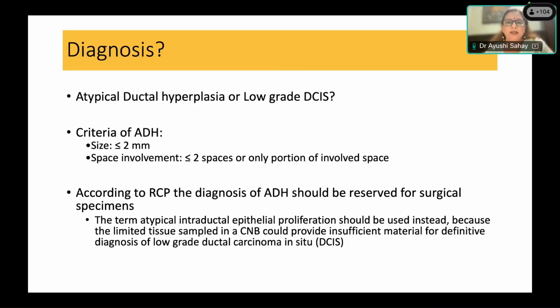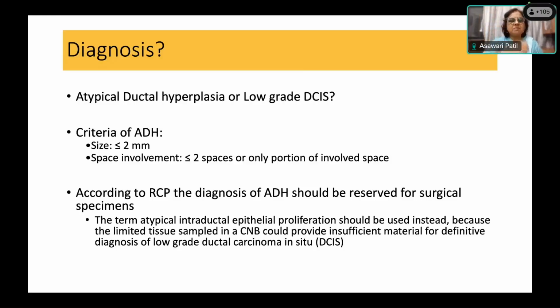Asavri ma'am, would you like to add anything? No, but there was another question on ADH and papillary neoplasm. The criteria are the same as others, like 2 millimeter size. But I guess it's very, very difficult to call ADH.